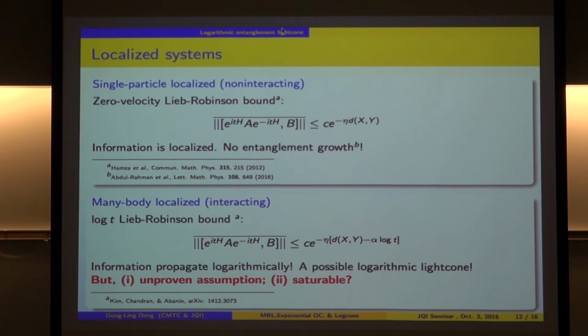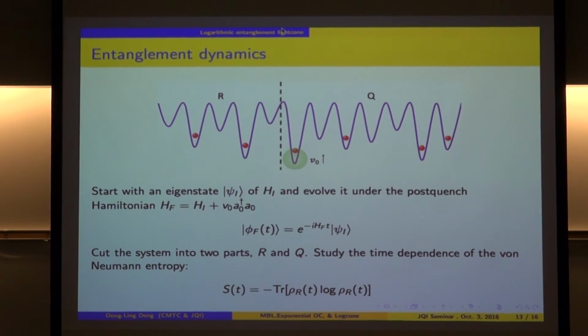In order to study all those questions, we did some numerics. We studied the entanglement dynamics after the quench. Basically, we start with an eigenstate phi_I of the original Hamiltonian H_I, and then evolve it under the post-quench Hamiltonian H_F.